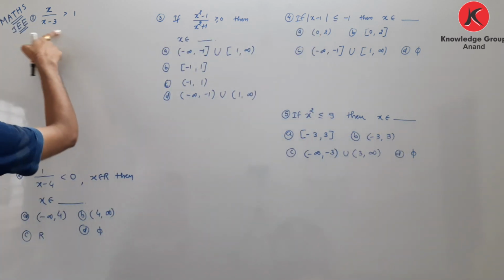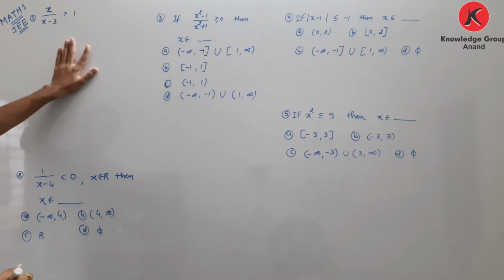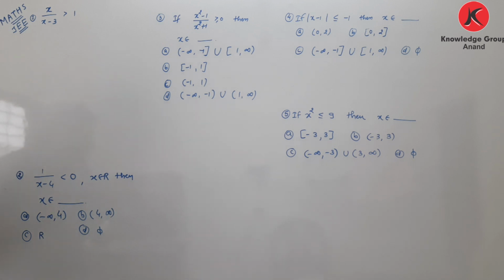In this question there is a variable in your denominator also. Therefore, if we want to solve this type of question, we have to be careful. How can we solve this type of question?